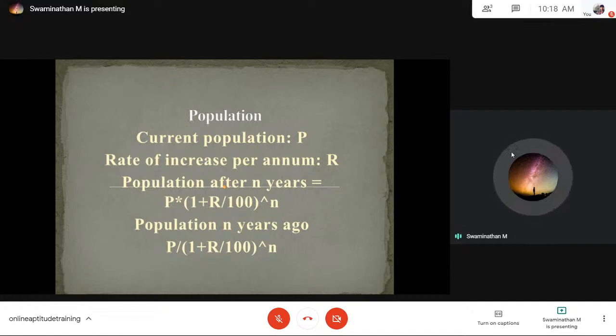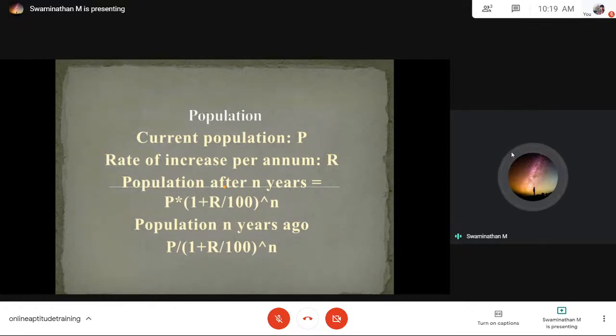If P is the current population and R is the rate of increase per year, then the population after n years will be P into 1 plus R by 100 power n. If it is n years ago, it is P by 1 plus R by 100 power n.